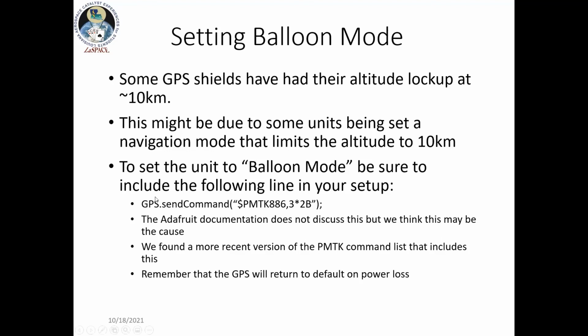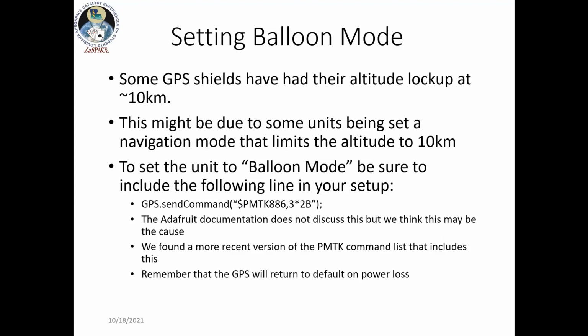So as part of your setup, we're recommending you run this particular command, this string right here, and that should ensure that the GPS is in balloon mode and hopefully prevent this altitude lockup from happening.